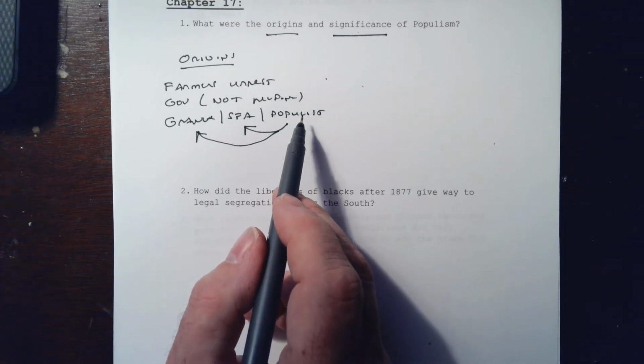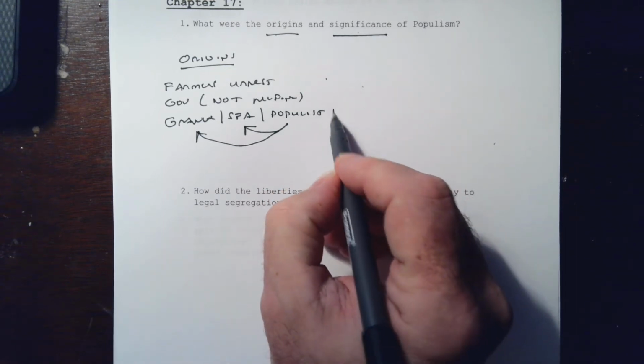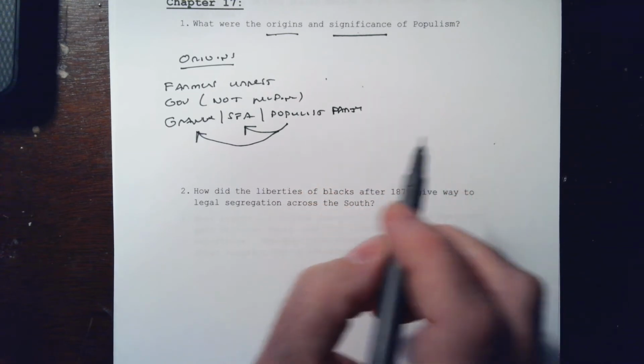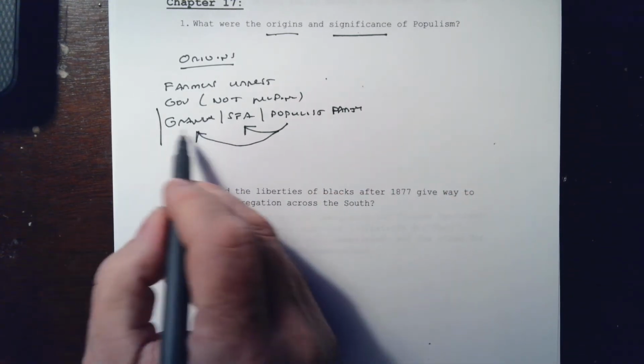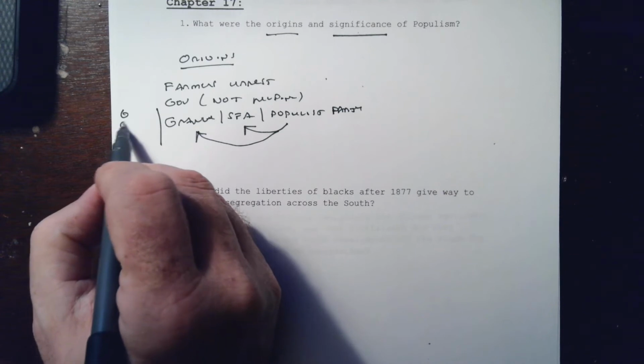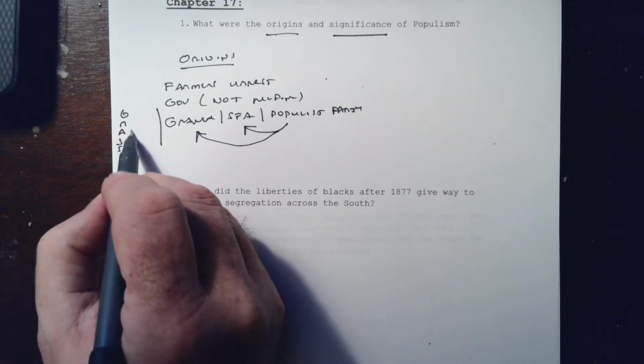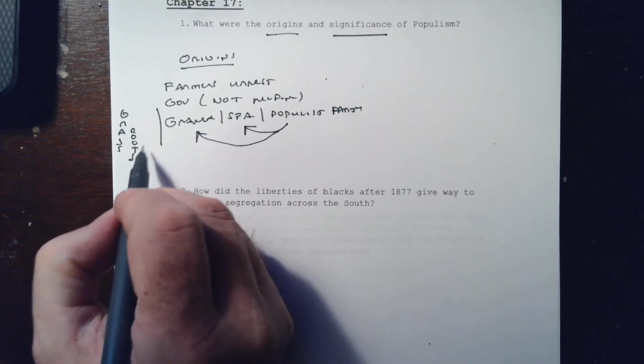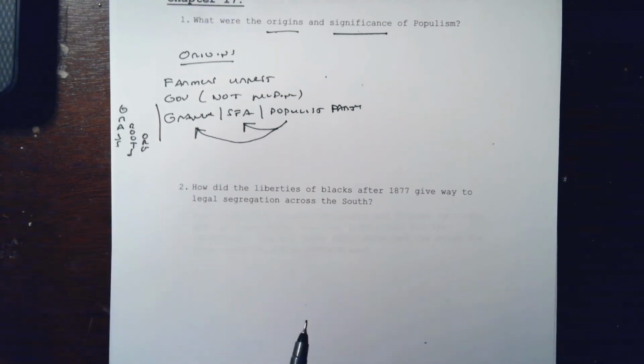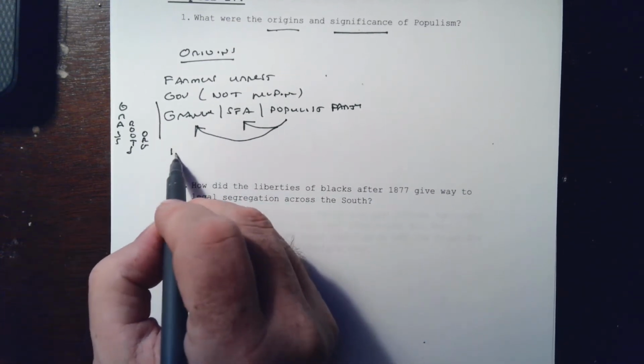Now, the only thing with this Populist Party is it's the same thing with all 3 of these. These are grassroots organizations, all right? They all want the same thing.